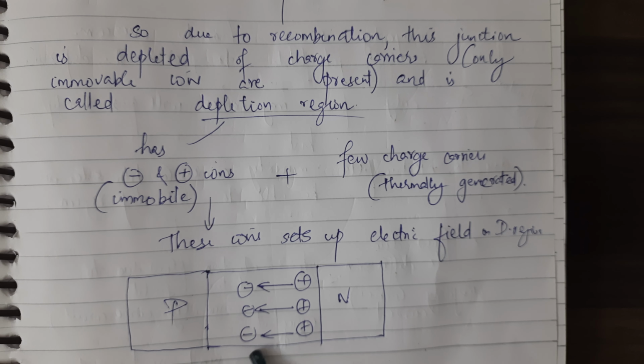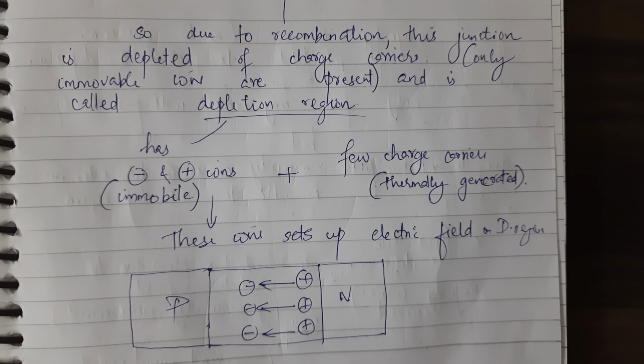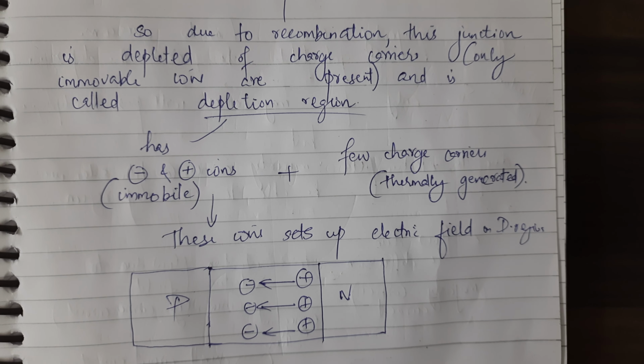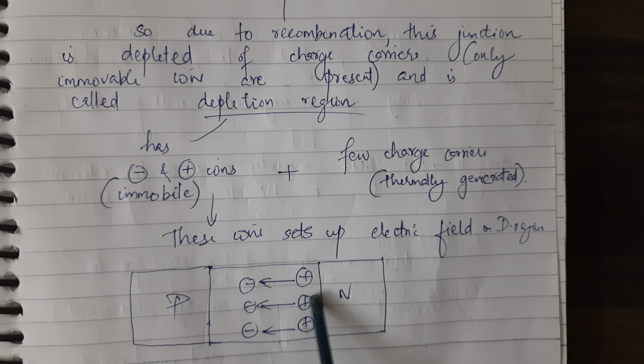Suppose for silicon it is 0.6 volt, and we apply an external voltage which is more than 0.6 volt. Then the electrons and holes will be able to move, crossing this depletion region. But without any external bias, only very few majority carriers will be able to cross the depletion region, and minority carriers will be able to cross the depletion region due to this electric field.